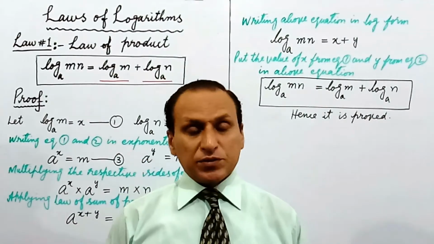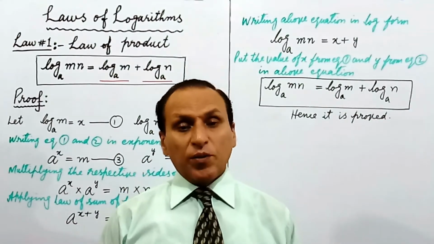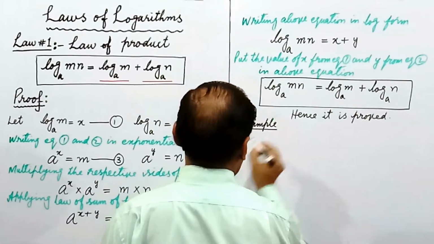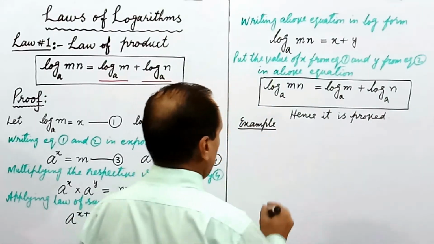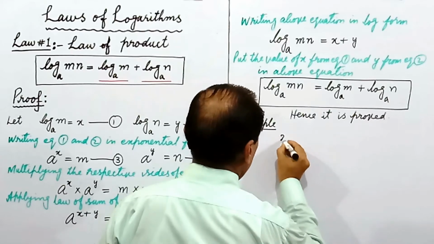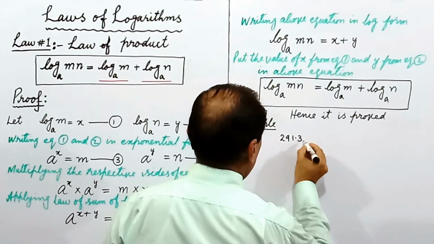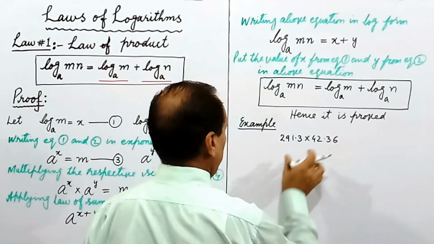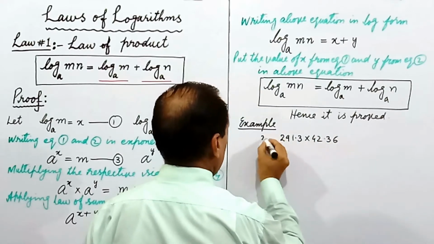Now we take example to understand how this law make the multiplication easy. Suppose we are given two numbers and we let the product of these two numbers is equal to x.